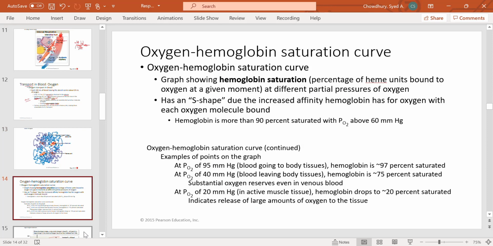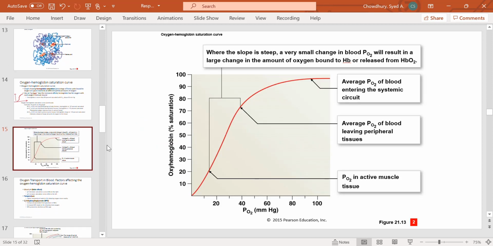The oxyhemoglobin saturation curve is an S-shaped curve like this, and this curve shows the pressure of oxygen this way and the binding this way. So we'll see that curve. You see, this is the oxyhemoglobin saturation curve, and pressure of O2, PO2, pressure of oxygen in millimeter of mercury is this way, and percent saturation is showing this way.